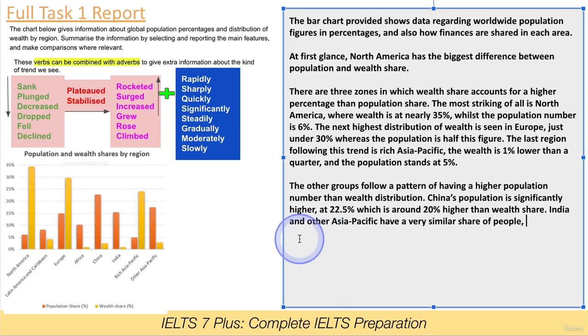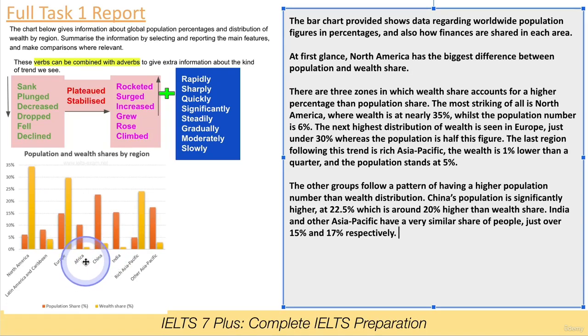Let's start with India. Just over 15, 16, 17, and 17. Just over 15% and 17% respectively. I like using that word. Okay, so we've talked about those two regions.